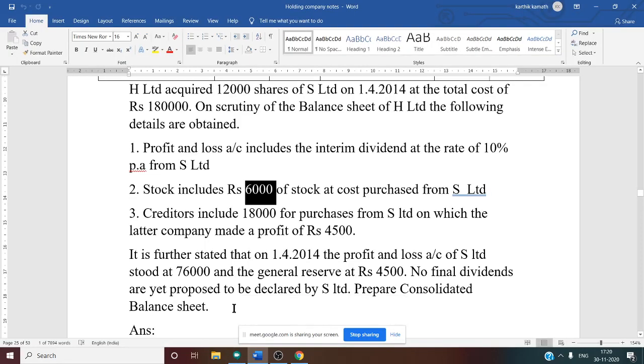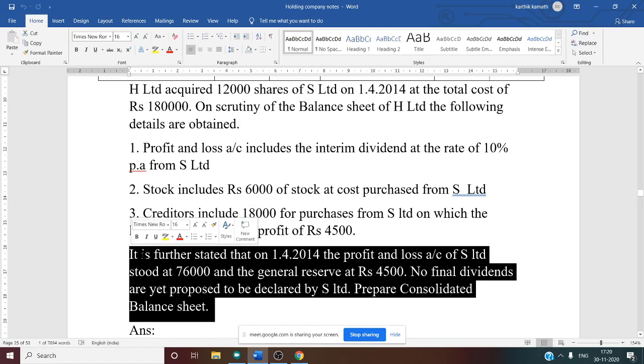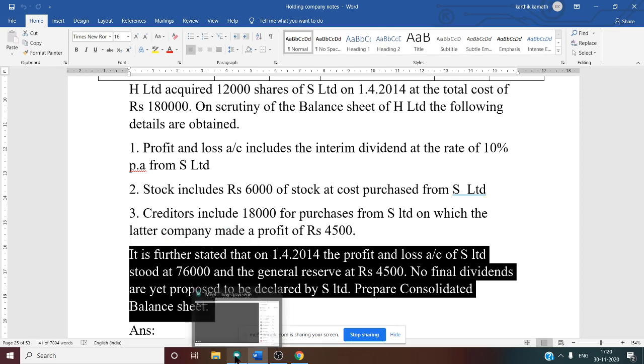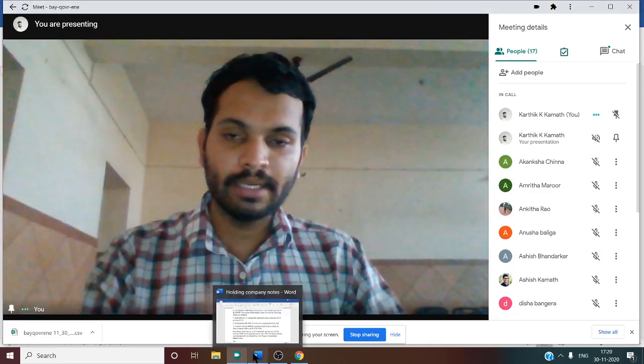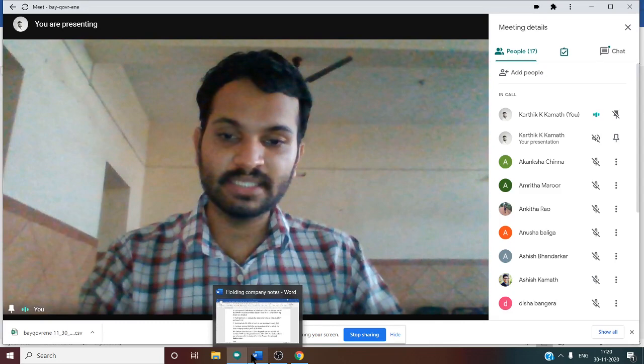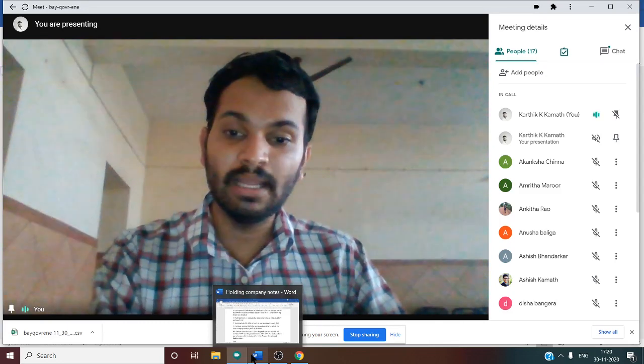And after this, it is further stated that on 1/4/2014, the profit and loss account of Yes Limited stood at 76,000 and general reserve at 4,500. This information is nothing but pre-acquisition reserve and pre-acquisition P&L given in the problem.